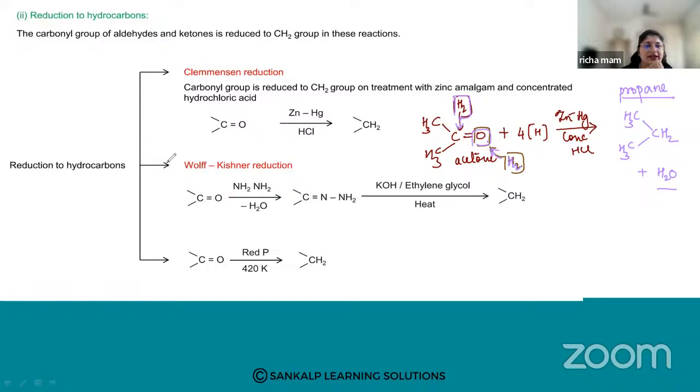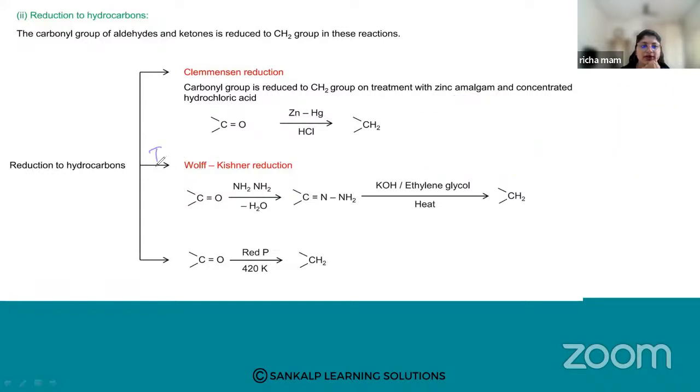It is a name reaction. Next is the Wolff-Kishner reduction. Important again, mark this as important. In the Wolff-Kishner reduction, aldehydes and ketones are treated with hydrazine, NH2NH2. Then we heat it with sodium or potassium hydroxide in the presence of ethylene glycol.